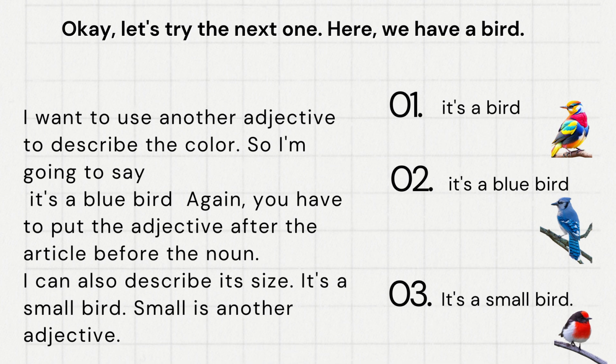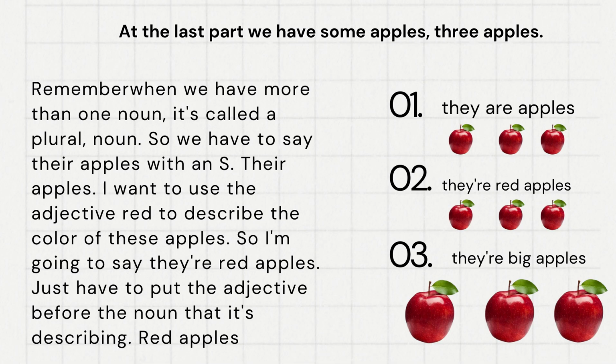Again, you have to put the adjective after the article before the noun. Now I can also describe its size. It's a small bird. Now small is another adjective. Let's try another one.